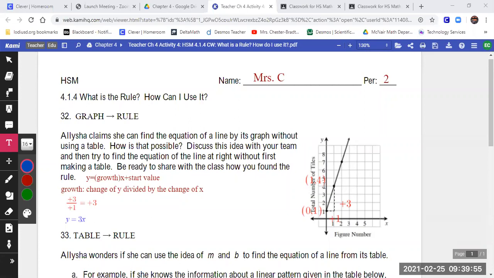Where on the graph is the starting point? What is the giveaway?